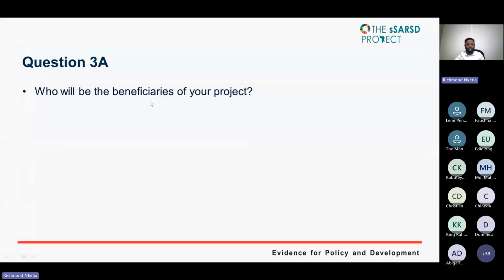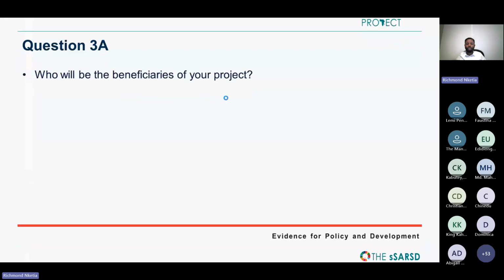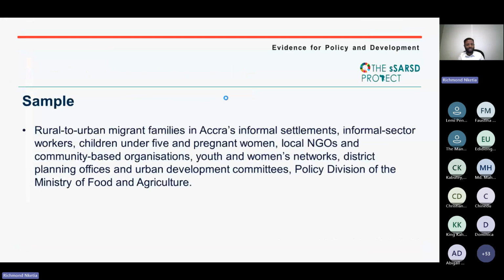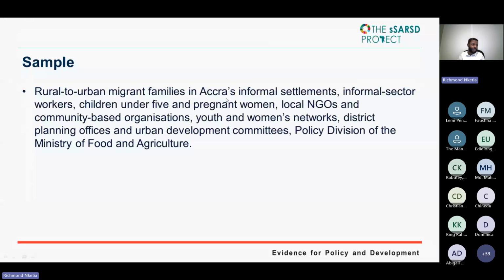So who will the beneficiaries be? The people who benefit from your knowledge are the beneficiaries. You can have direct beneficiaries and indirect ones, so immediate beneficiaries. So people who live in rural urban settlements, informal settlements in Greater Accra region, who comprise those who have moved from rural areas to urban communities in Accra.